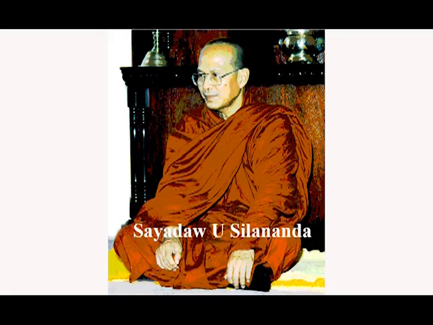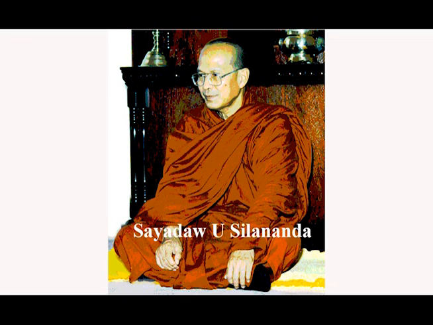Now a person finds fault with initial application only, and so he eliminates initial application. As a result of that, he gets the second jhana. When he gets that jhana, there are only 4 factors, right? So the first jhana has 5 factors, but the second jhana has 4 factors. You follow?